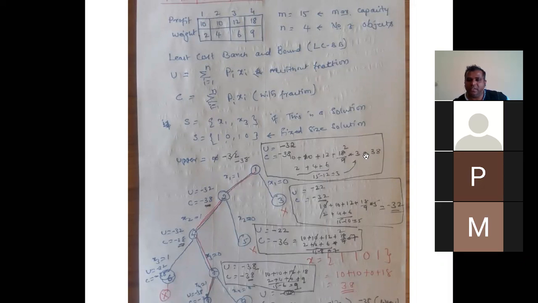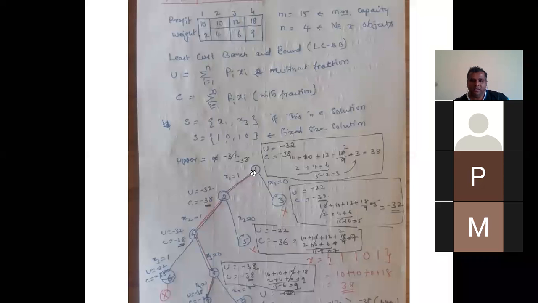After evaluating, we get 38, so minus 38 is the C value. Now compare the U value of the node with upper. Upper is infinity and U is minus 32. If the U value is smaller than upper, then change upper equal to U. Upper becomes minus 32.